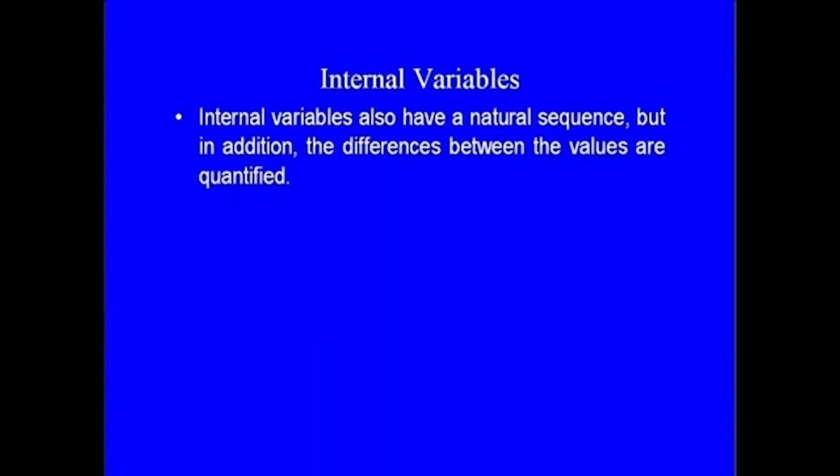Then we come to the next type of variables, and that is interval. Interval variables also have a natural sequence, but in addition the differences between the values are quantified.